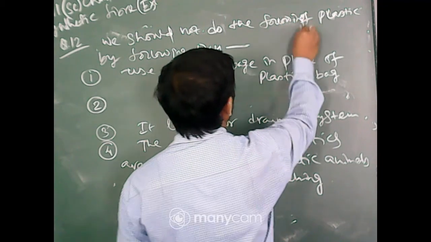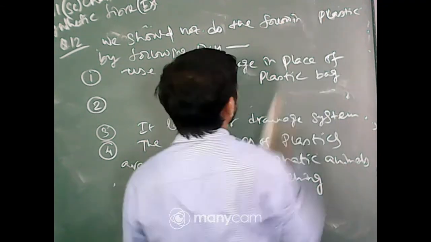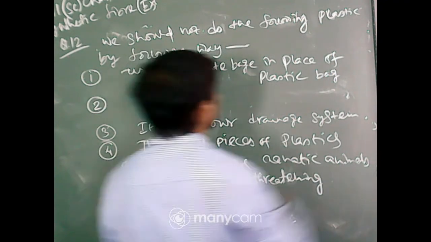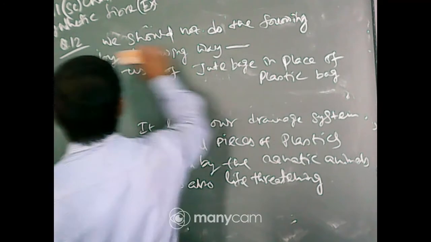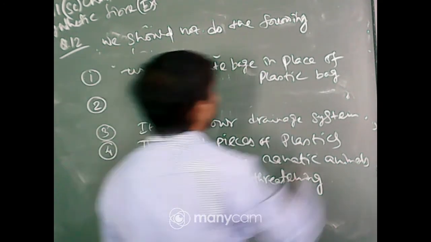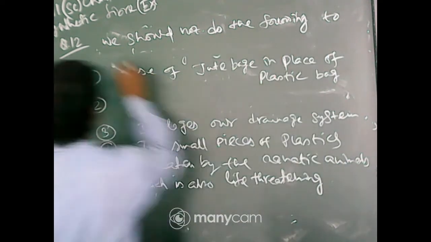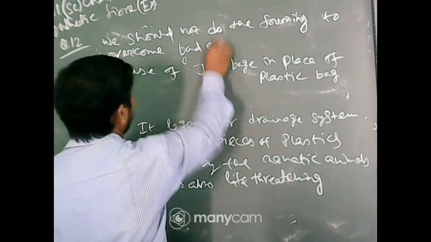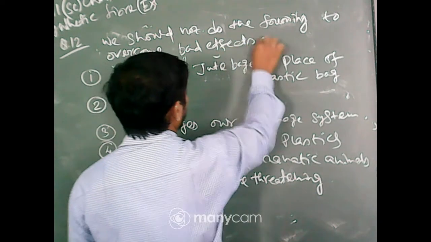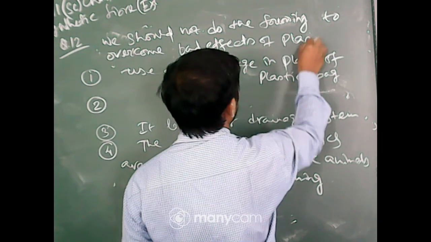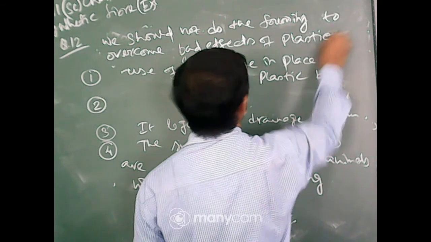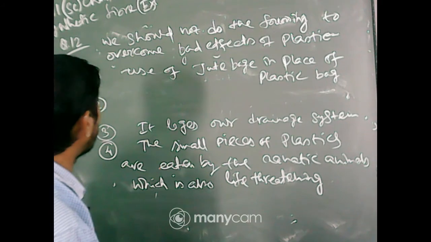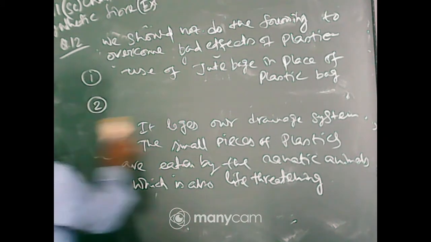We will not do the following to overcome the bad effects of plastic. We should not do the following to overcome the bad effects of plastic: use of jute bag in place of plastic bag.